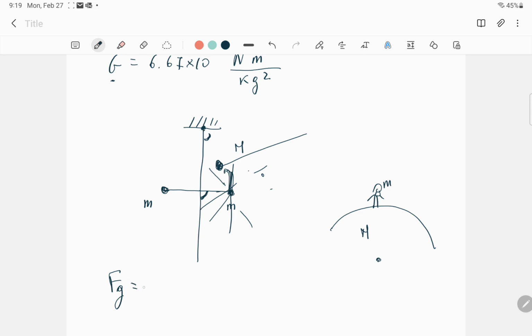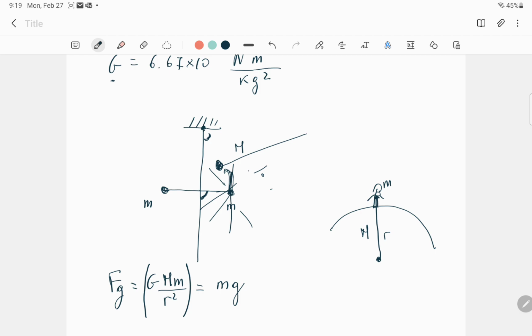So Fg gravitational is equal to the big G and then the big M, small m over r squared, where r is between the center of mass of you and the center of mass of the Earth, unless you have different data. In that case, you want to calculate, for example, the distance between the center of mass and the surface of the Earth, or on top of the Everest mountain, whatever you prefer. But anyway, this is the value for your gravitational force. This is equal to mg.